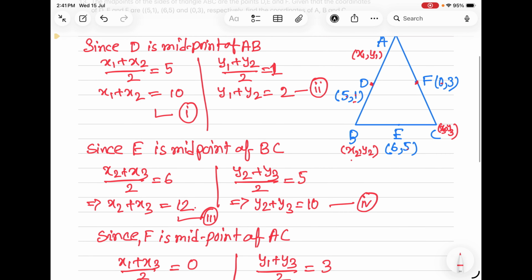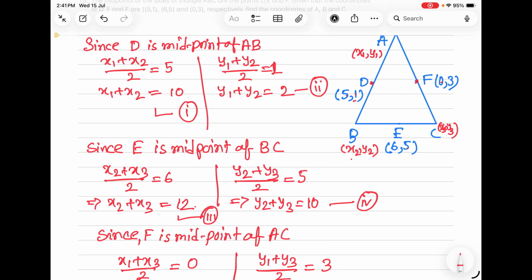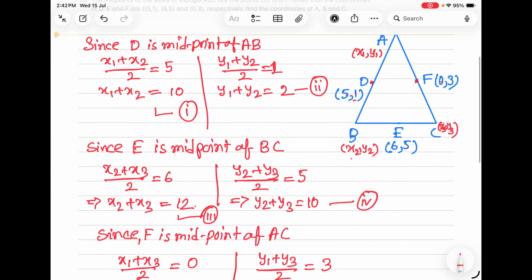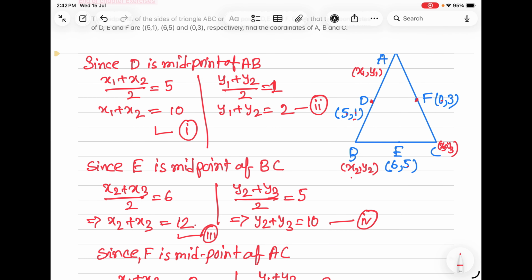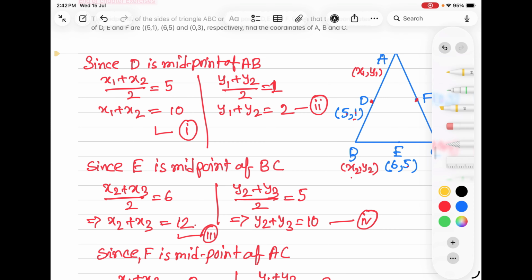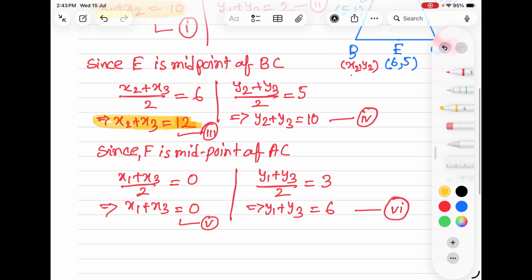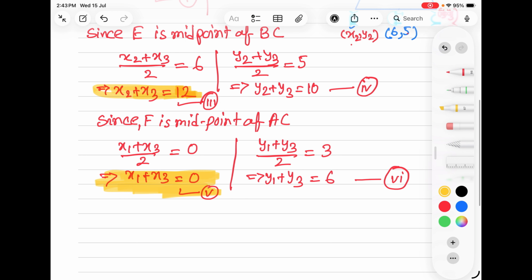So how many equations do we have? Six equations: first, second, third, fourth, fifth and sixth. Now what will we do? Add the x parts. Equations 1, 3 and 5 contain only the x coordinates x1, x2 and x3, so we add these three equations to each other.